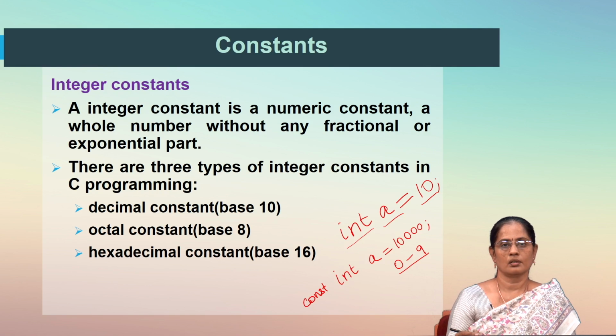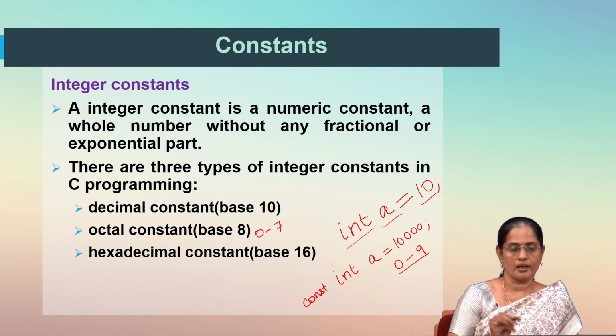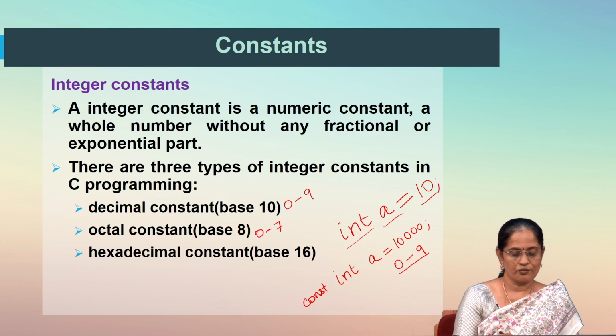Octal constant is of base 8, which goes with the octal number system. In the octal number system, the digits from 0 to 7 are allowed. In the case of the decimal number system, 0 to 9 are allowed. In the case of the hexadecimal number system, the values from 0 to 9 and the alphabets A, B, C, D, E, F are allowed.